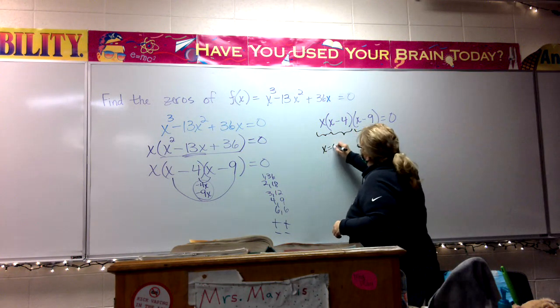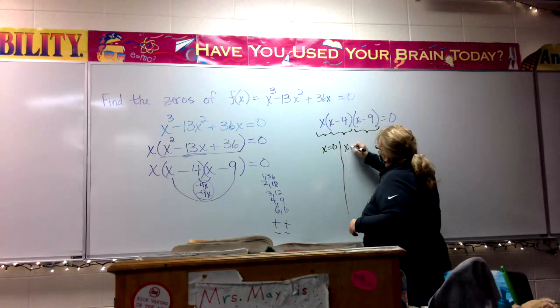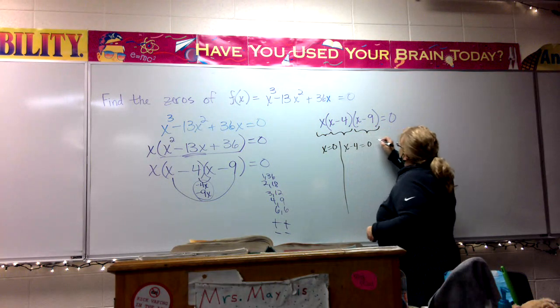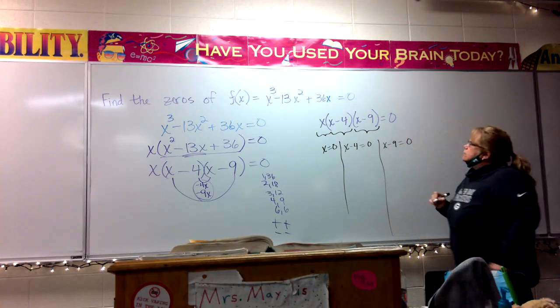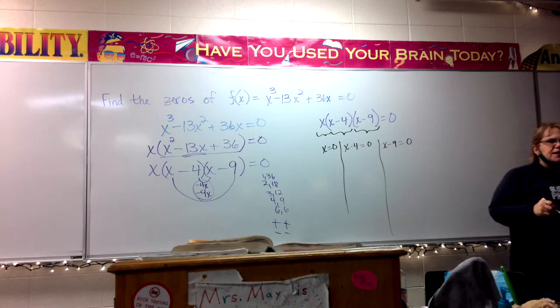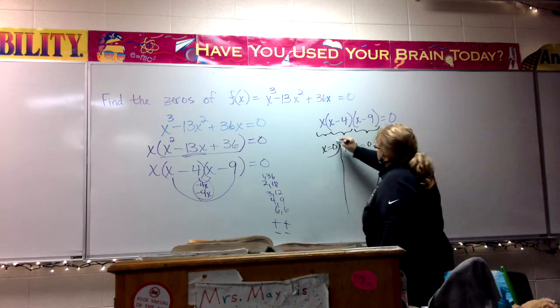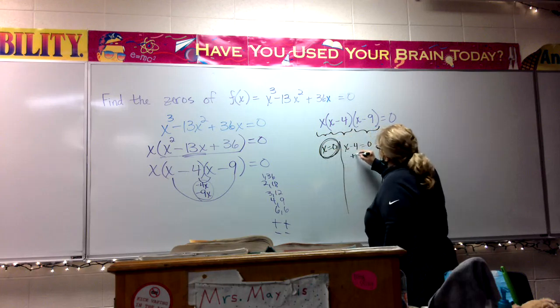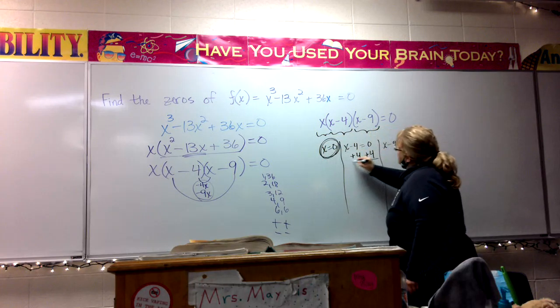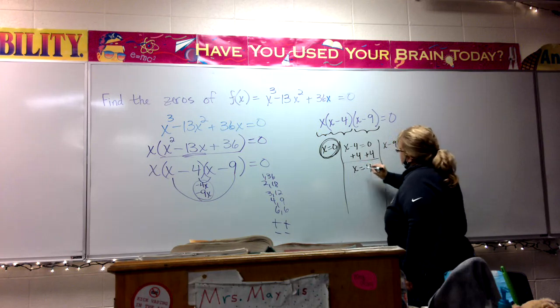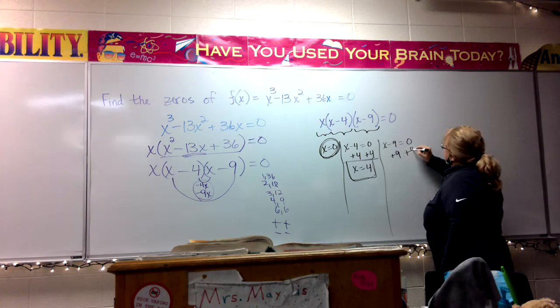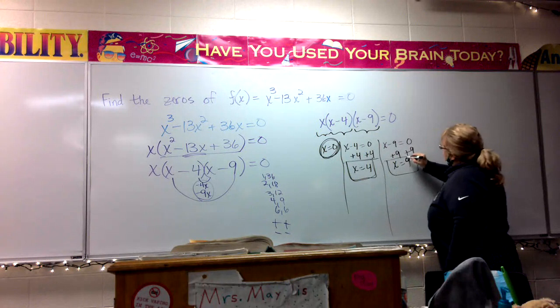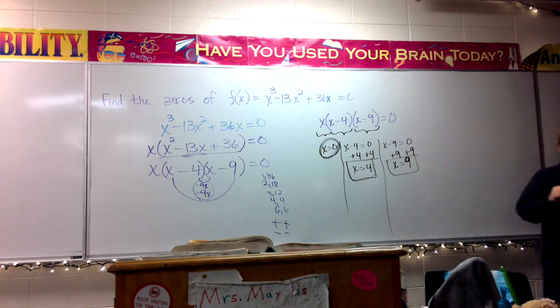So either that one equals 0, that one equals 0, or this one equals 0. And you can solve it from there, right? This one's already solved. Add 4. What do you get? x is 4. Add 9. So those are my 4 answers, right?